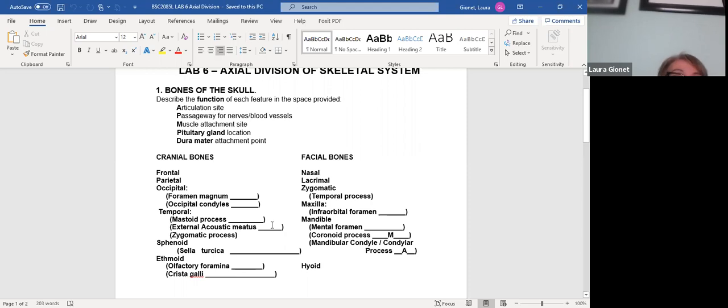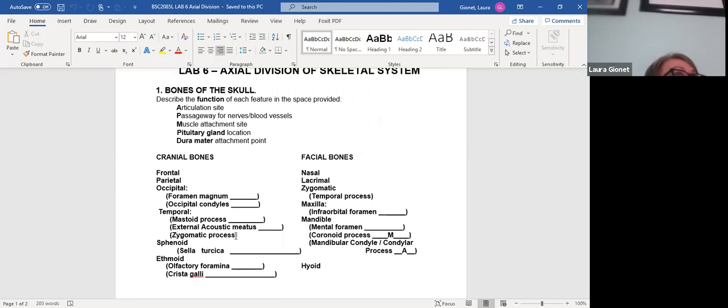Behind or posterior to the ear and a little inferior is a knob of bone that's rather roughened called the mastoid process. And generally all processes, 99% of the time, will function as a muscle attachment. So put M for muscle attachment. Then we have the zygomatic process, which is anterior and superior to your ear hole, or EAM.